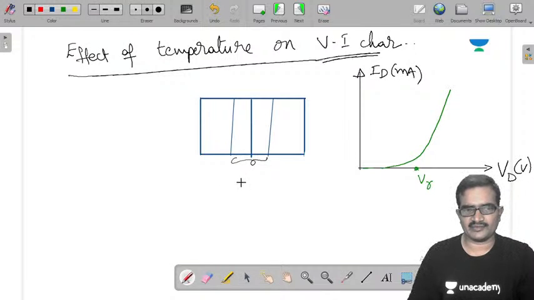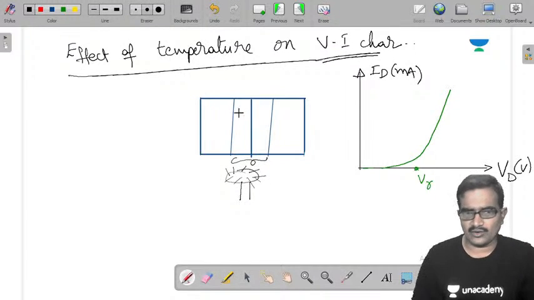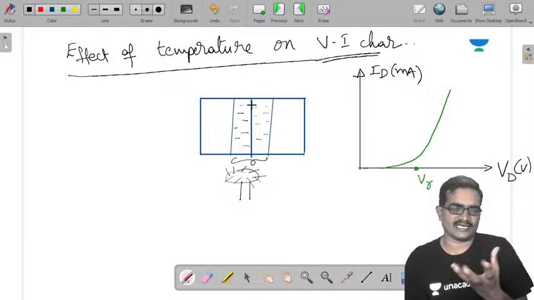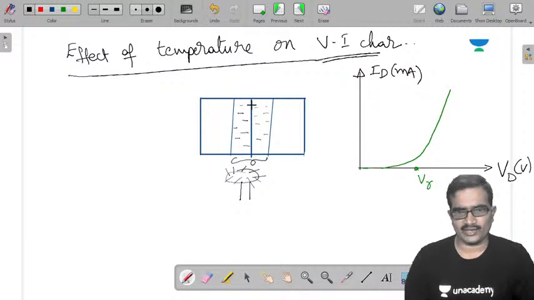What I am doing is increasing the temperature. Once the temperature increases, the covalent bonds present in this region start breaking, because thermally you are applying external energy to it.